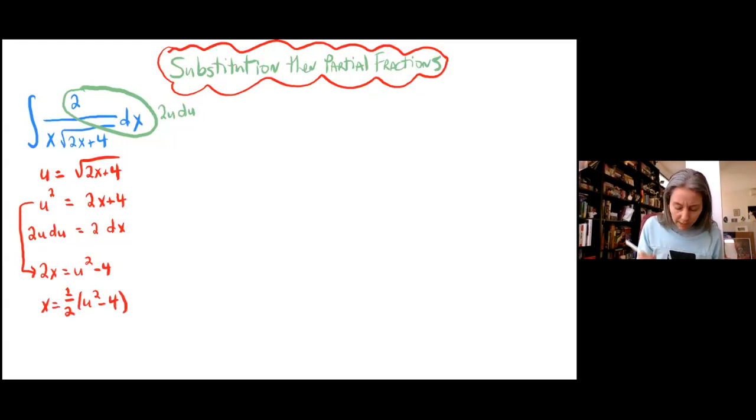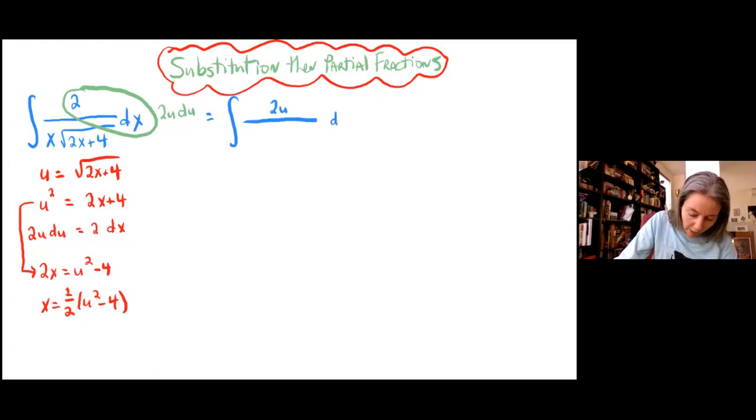So let's replace everything in the integral. First, in the numerator, I have a 2u now, replacing that with a du there. My x is 1/2 times u squared minus 4, and my root 2x plus 4 is u. Now, if you'll notice, those u's cancel out.